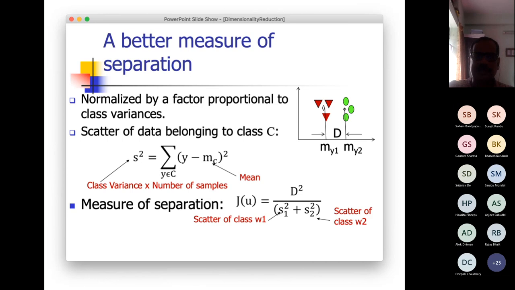We'll see later how this scatter can be computed from the covariance matrix. So the objective is to obtain the corresponding direction, once again a unit vector in that space, maximizing this normalized measure of separation. So that is your objective here. This is the mathematical problem. Any questions on this figure?